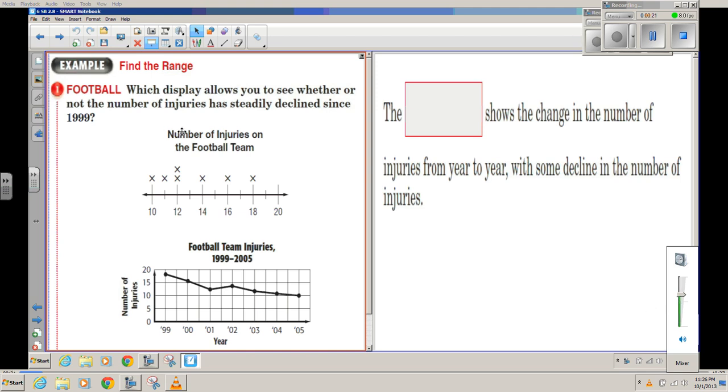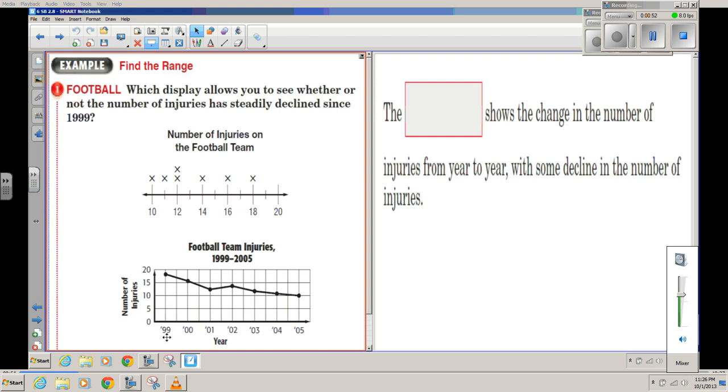So you have a line plot that shows the number, meaning there is 1 year where there was 10, 2 years where there's 12, 1 year where there was 14, but it doesn't specify which year it was. The line graph here shows actually 2 pieces of data at once.